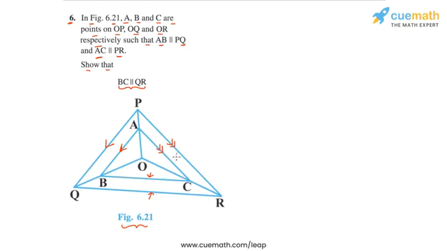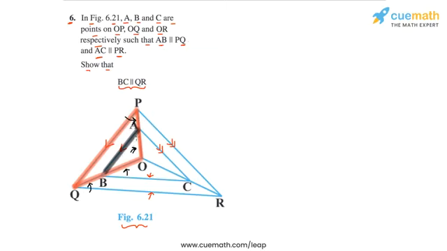So here's the reasoning we will use to solve this problem. First, we will consider triangle OPQ and apply the BPT, since in this triangle this segment AB is parallel to PQ. Applying the BPT will give us OB by BQ equal to OA by AP.